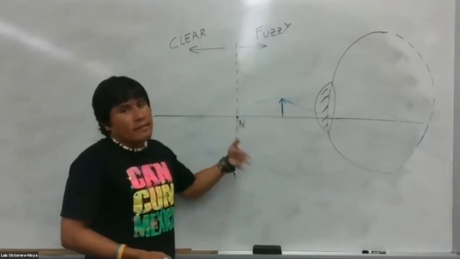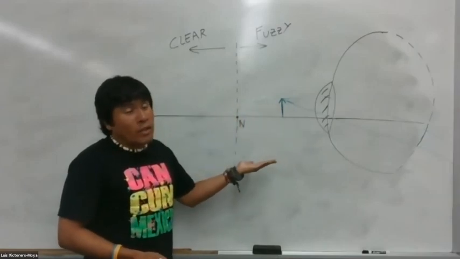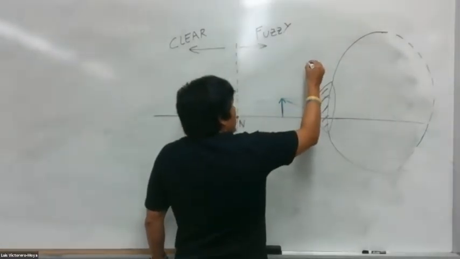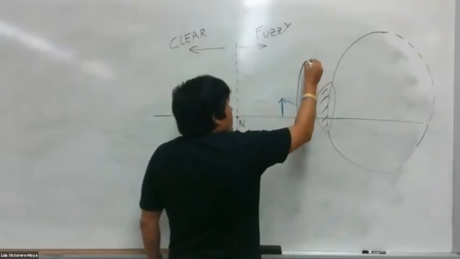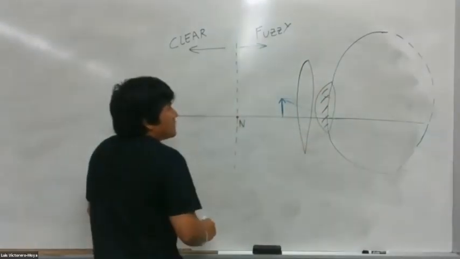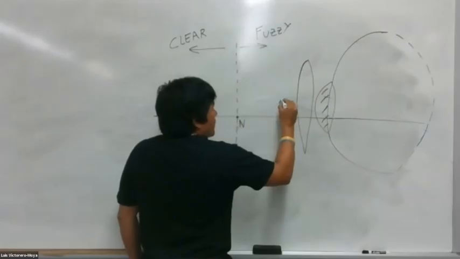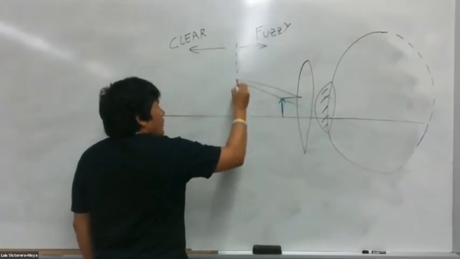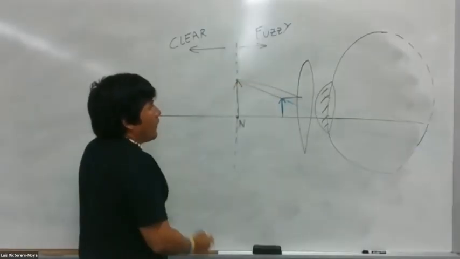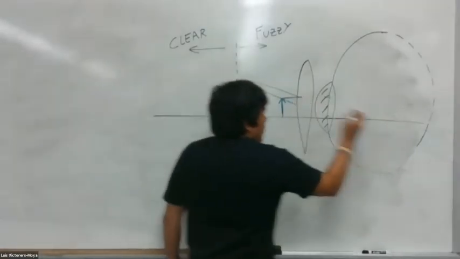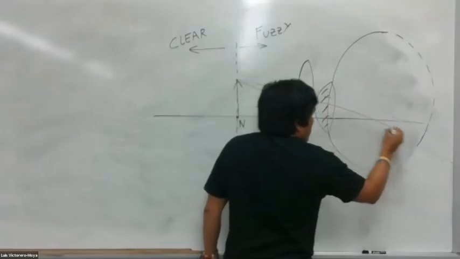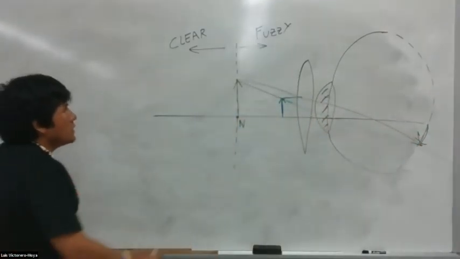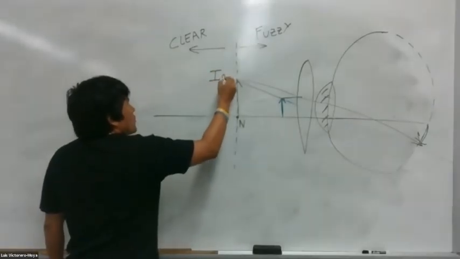So behind the object. The only lens that will be able to do that will be, as you probably already know, the convex lens. If I place a convex lens here, you will have, and that will be projected all the way there. So this is your image.